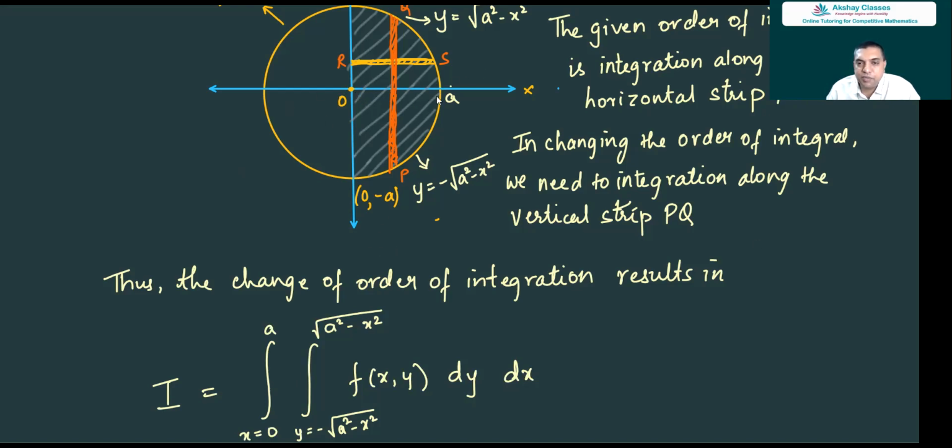So x varies from 0 to a, but y varies from minus under root of a square minus x square to plus under root a square minus x square.